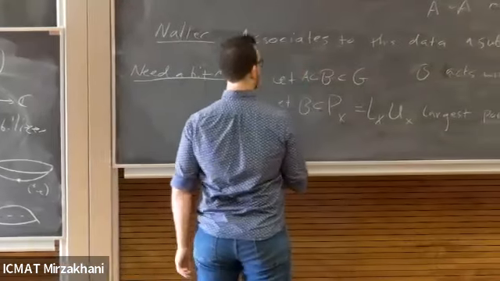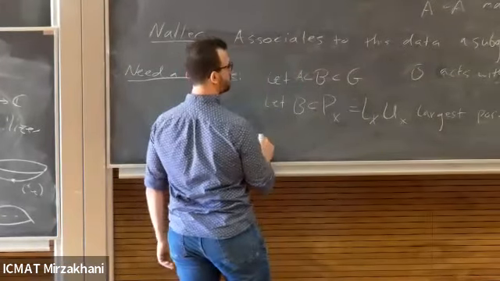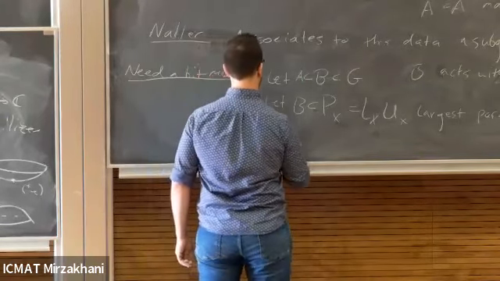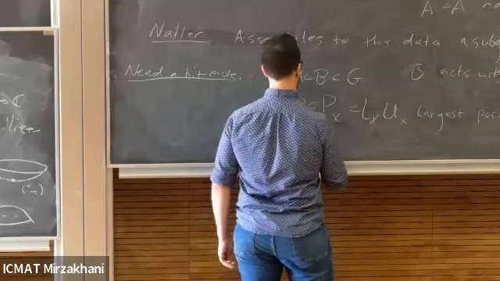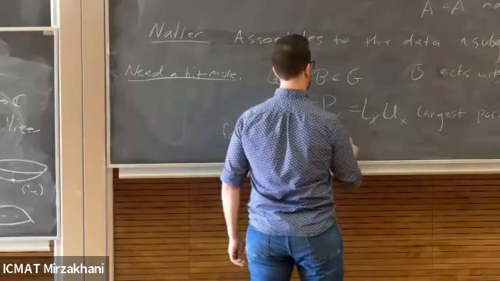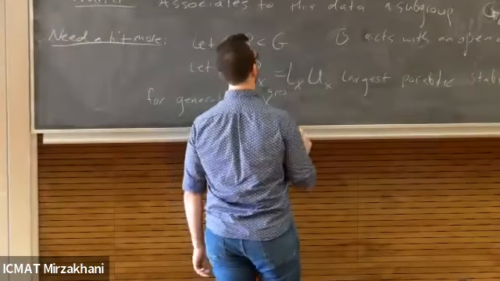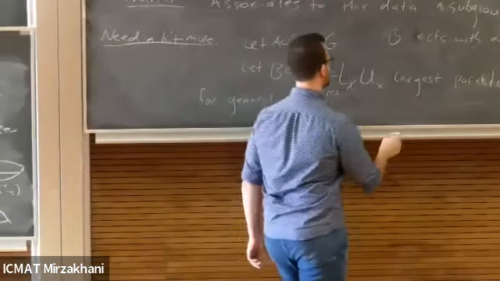So for a general X, or I'll call it maybe Y in this open locus, regular semi-simple, we'll have a short exact sequence.